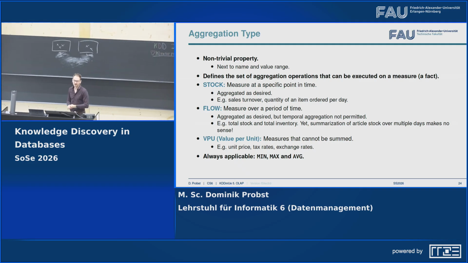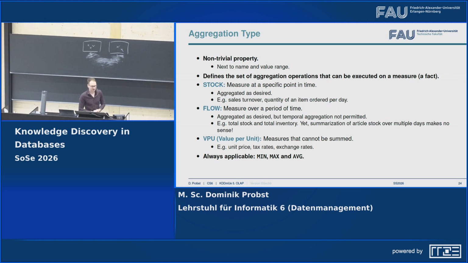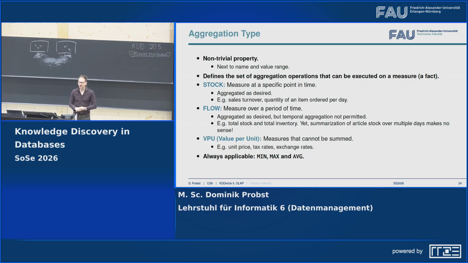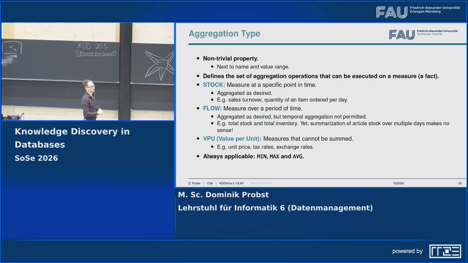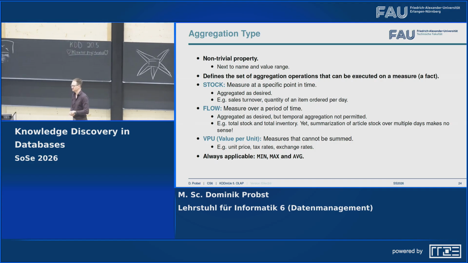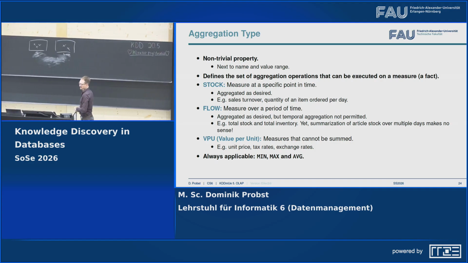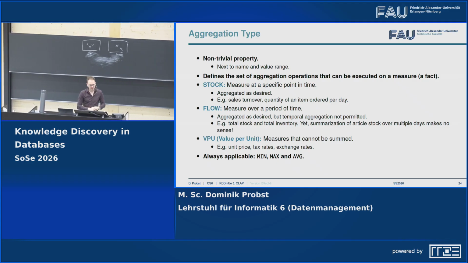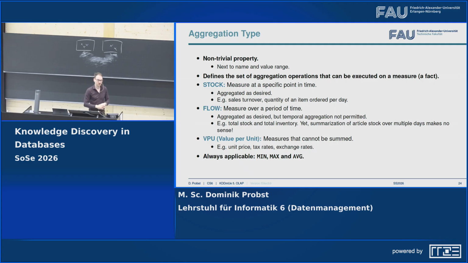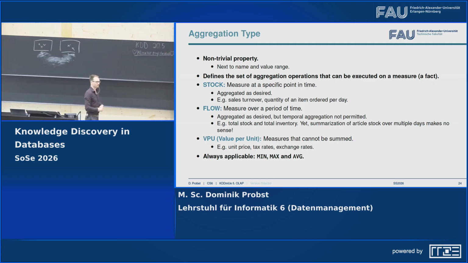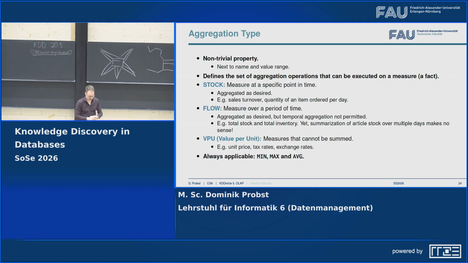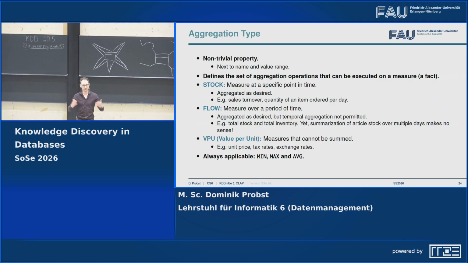Then we can have a flow, where we have a measure over a period of time, where we can't do any temporal aggregation. But we can do every other aggregation type. For example, if we are talking about inventory. So we know that on the 21st of June, we had 200 iPhones in stock.